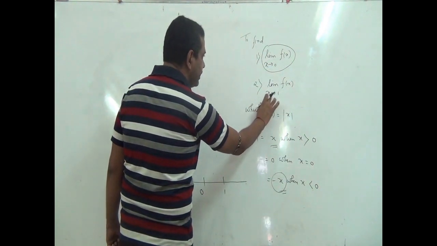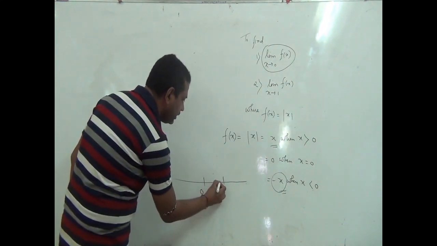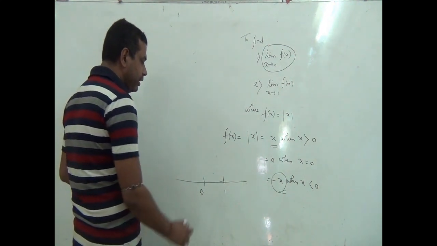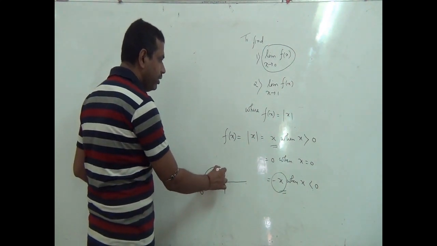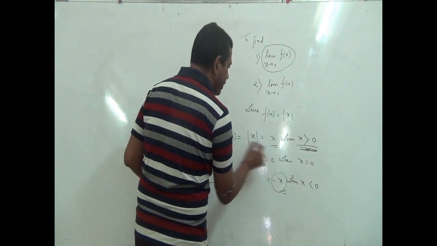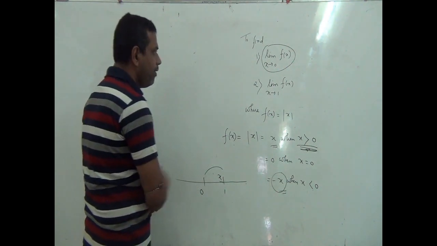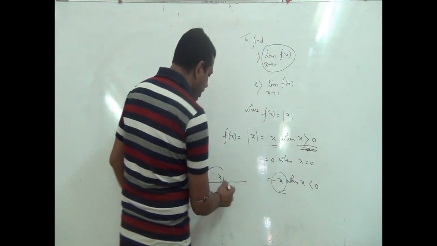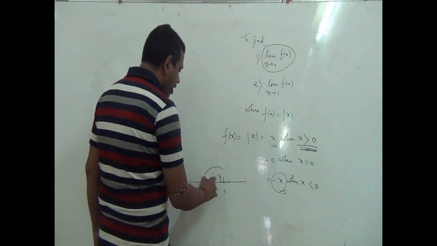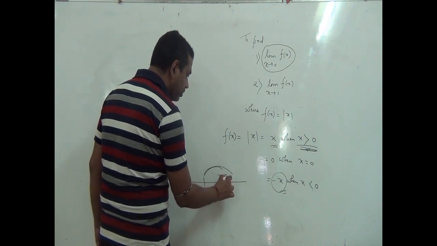When x tends to less than 1, that is this point from less than 1, that is left hand side of 1, then our x is greater than 0. When x is greater than 0, our f of x is x. So here we get f of x is x. When x is greater than 1, that is this portion, that is right hand side of 1, then also our x is greater than 0. So here also we get x.